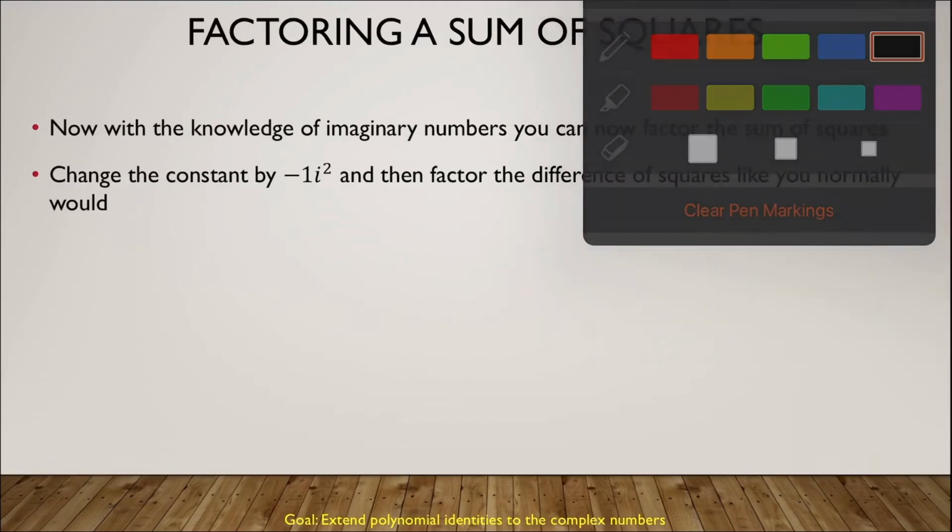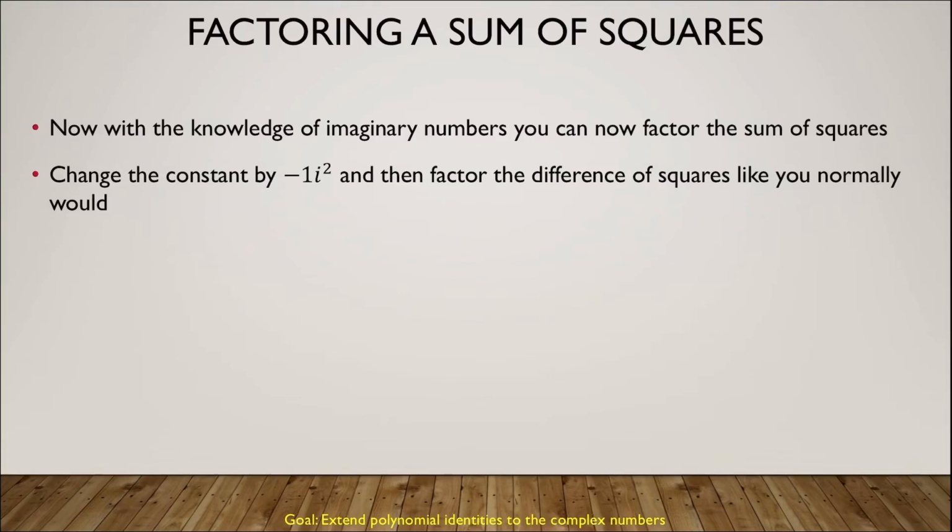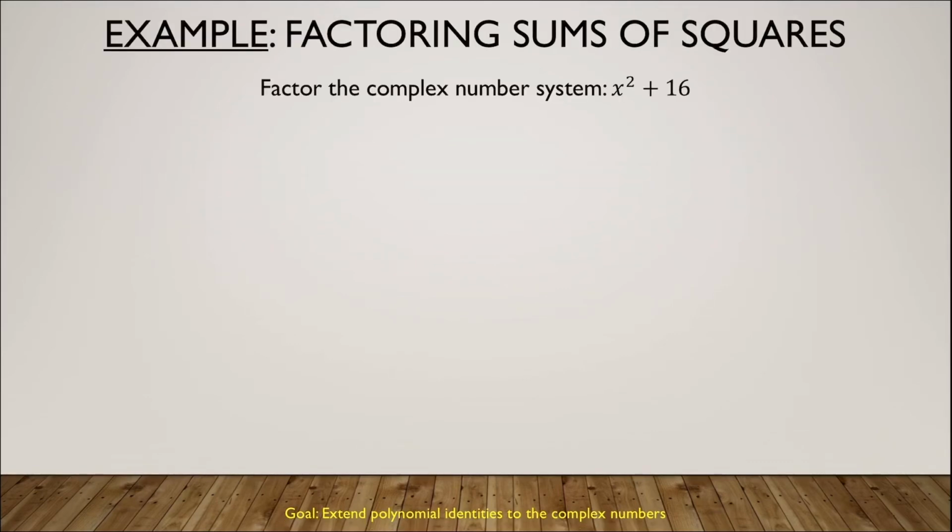But what about a sum of squares? Now that we have the knowledge of imaginary numbers, we can factor a sum of squares. We change the constant by writing it with negative 1, or i squared, and then factor the difference of squares like you normally would. So we factor in the complex number system.